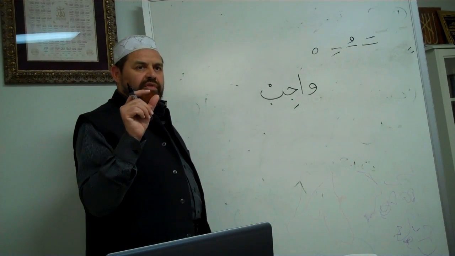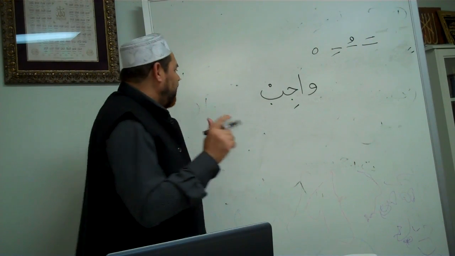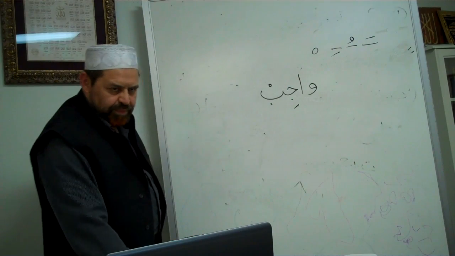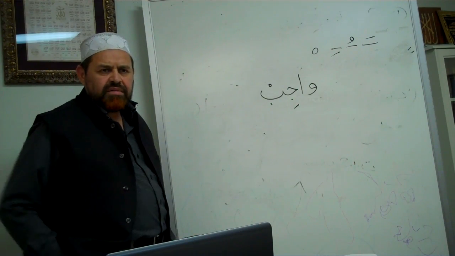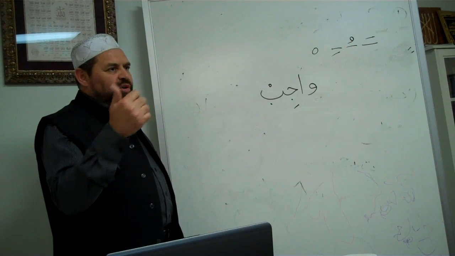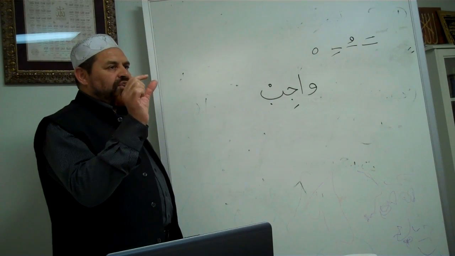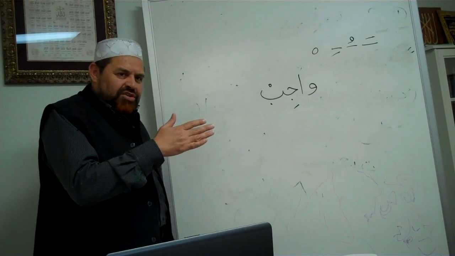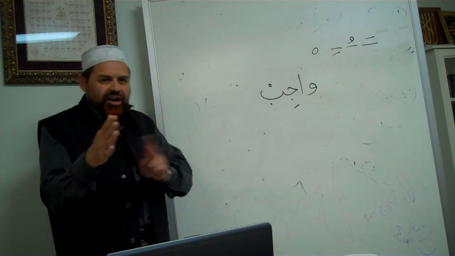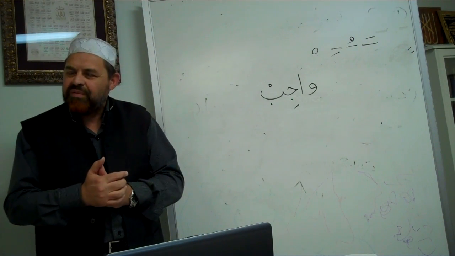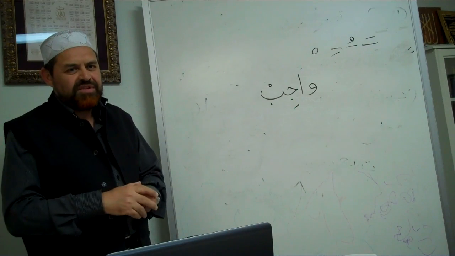Another condition for vav to become a consonant is that if vav comes in the middle of the word and the preceding letter, the letter before vav, has a short vowel or the long vowel, and the following letter also has the short vowel or the long vowel, then this vav becomes a consonant.